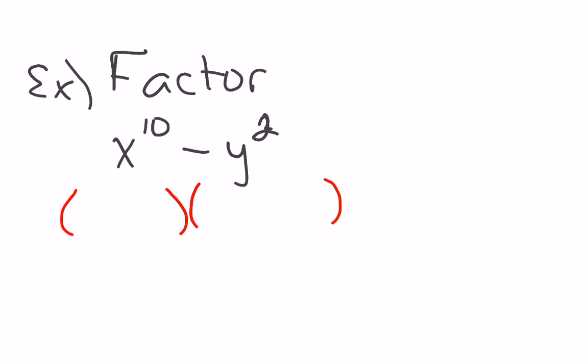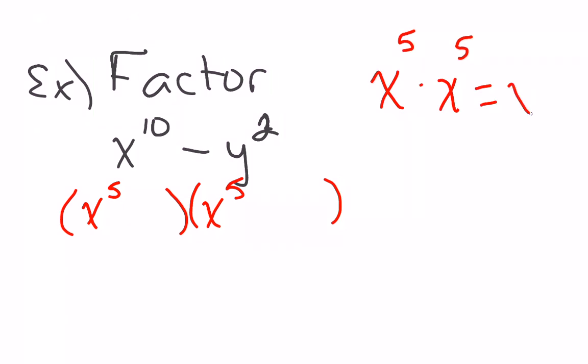And so that would be x to the 5th times x to the 5th. Because remember, when we multiply like this, that meant that we added those exponents. And so we got x to the 10th power. And then y squared is y times y. And we make 1 plus and 1 minus. And there's our answer.